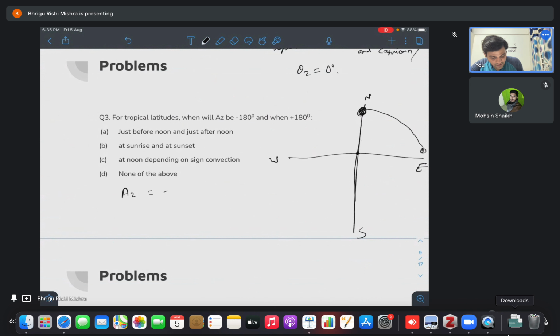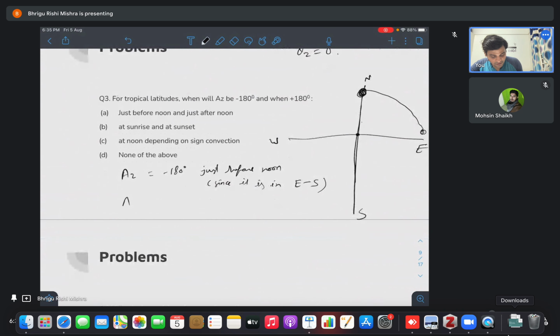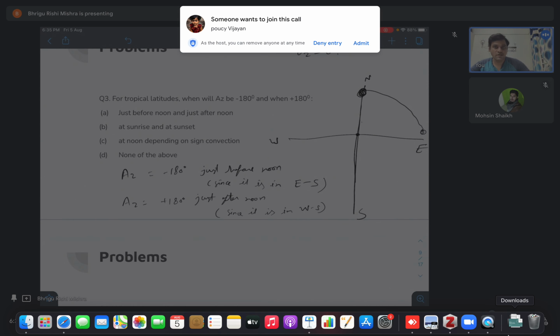So AZ equals minus 180 degrees just before noon, since it is in east south, and AZ equals plus 180 degrees just after noon, because it is in west south.